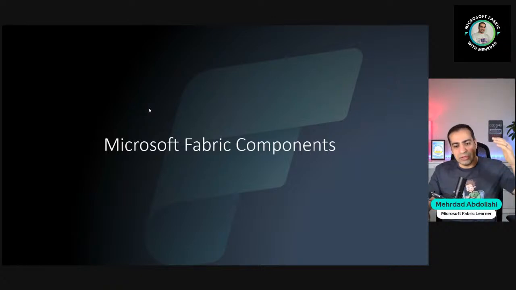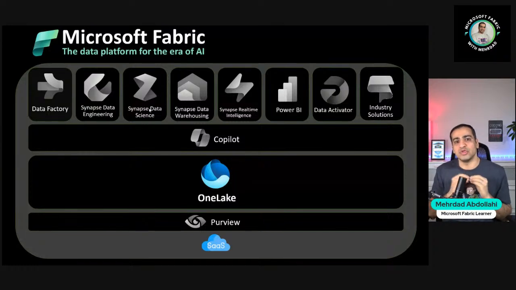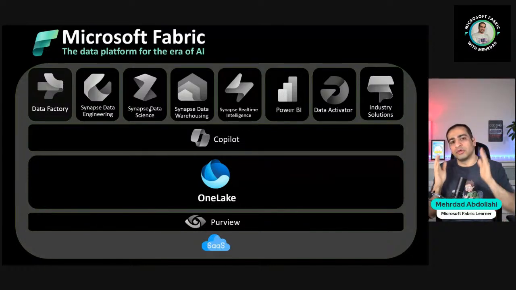Let's move over the Microsoft Fabric components, what we have there. Of course, we are going to start with storage in Microsoft Fabric, where our data is going to be stored. There is a concept of OneLake. All data is going to be stored in OneLake.